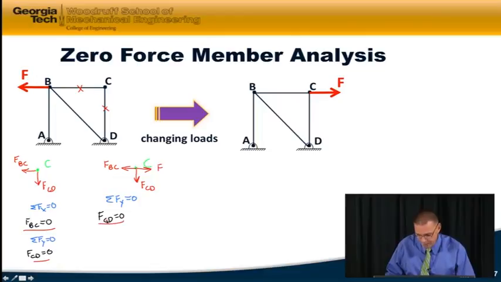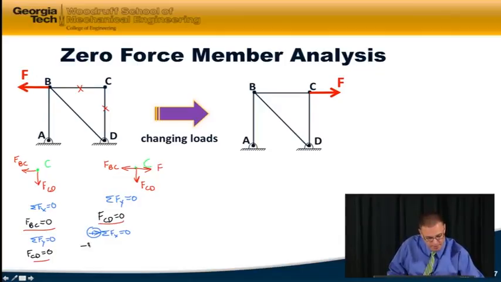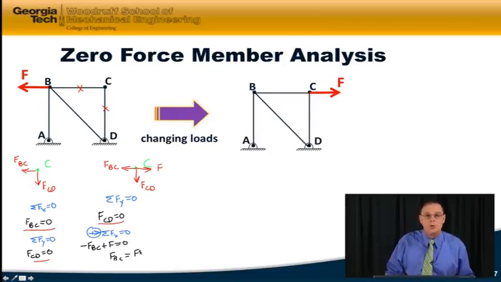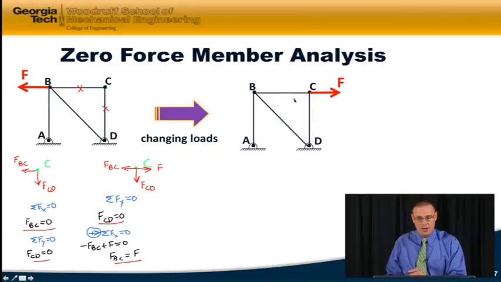But if I sum forces in the x direction, because of the loading change, I get minus FBC plus F equals 0. And so FBC in this case ends up equaling my external load F. So just because the loading changed, in these two situations the structure is the same, but in one case the member BC is a zero-force member, and over here it's actually carrying a load.